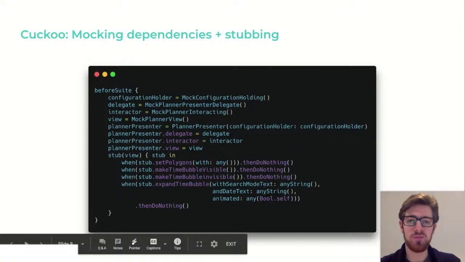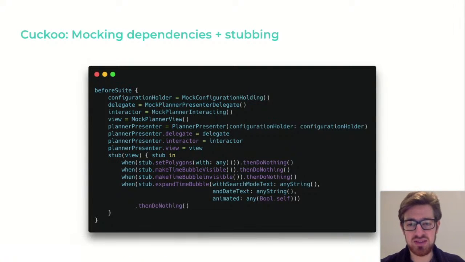So onto Cuckoo for mocking our dependencies and stubbing the functions on these mocks. Before suite is where we can put all of our setup for all the tests we want to add below this. So here you can see we're setting up a few mocks. For example, the first one, configuration holder equals mock configuration holding.